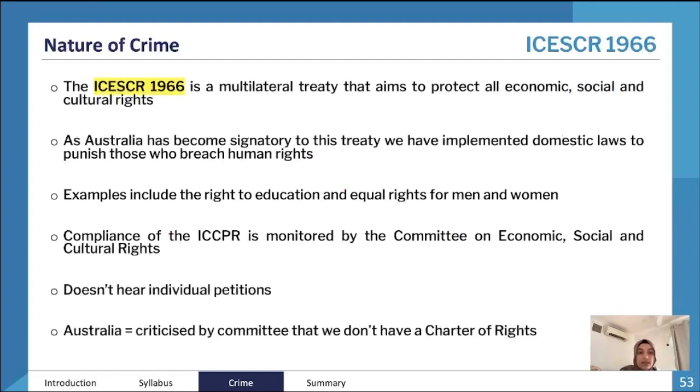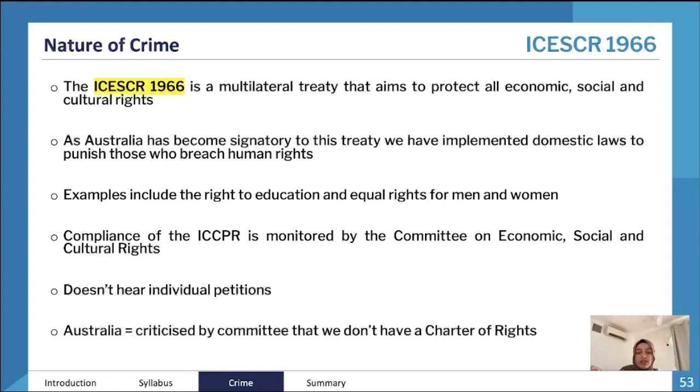Then we have the ICESCR, which is a multilateral treaty to protect economic, social, and cultural rights. So again, we are a signatory to this treaty. For example, these would include the right to education, the equal rights of men and women.